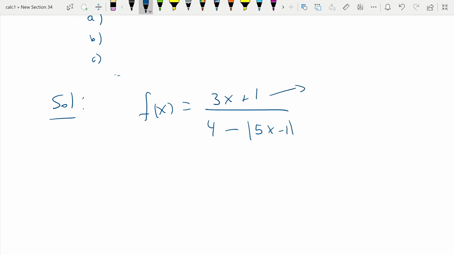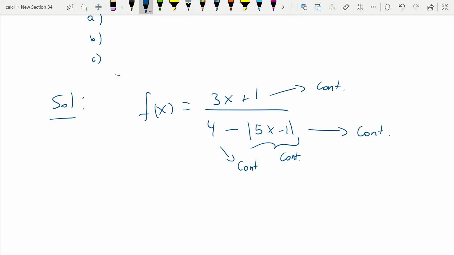This function is continuous, it's a polynomial. In the bottom, a constant is continuous. The absolute value of a continuous function is a continuous function as well. So this whole thing in the bottom is continuous.